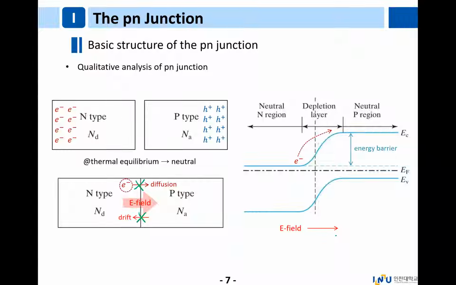So to overcome this energy barrier, additional energy must be applied, right? With this additional energy, this electron can overcome this energy barrier and diffuse into this region.